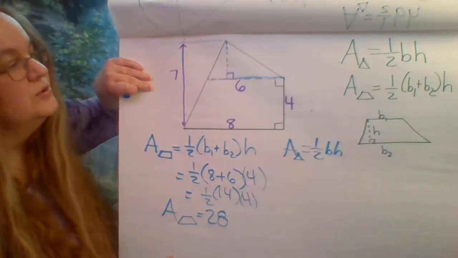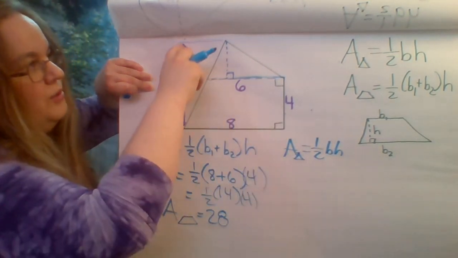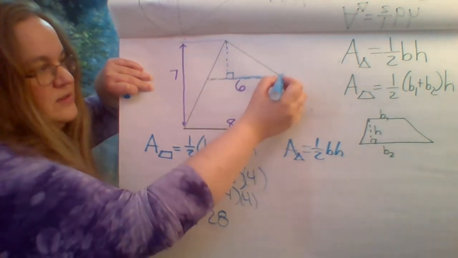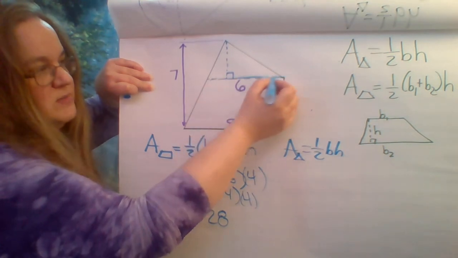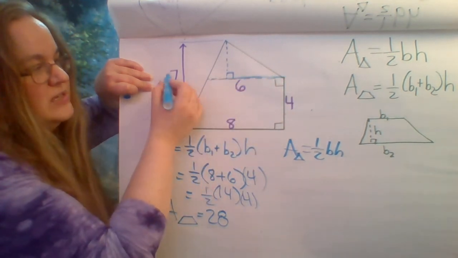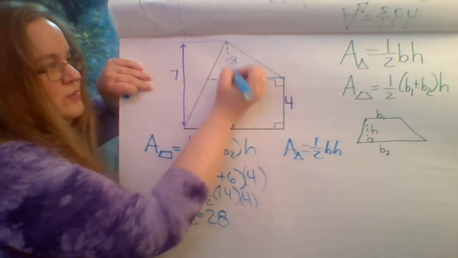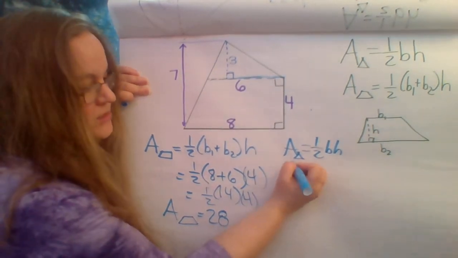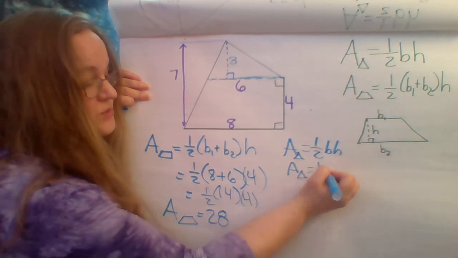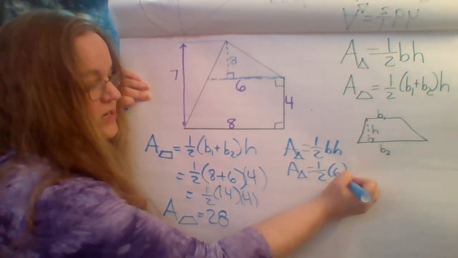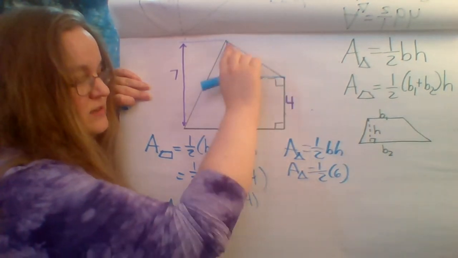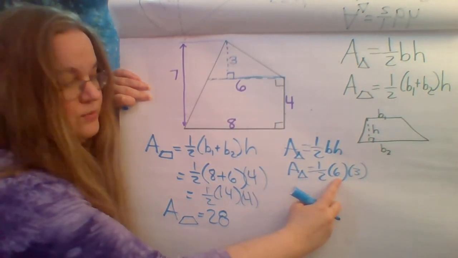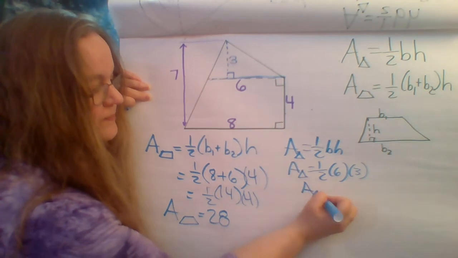Okay, so when I look at this, the whole thing from the very top to the very bottom is 7, and to this line that I'm using as my base is 4. So 7 minus 4 is 3, so I know the height of my triangle is 3. Okay, so the area of my triangle is 1/2 times base, so it's 6 and 3 is the height. Half of 6 is going to be 3 times 3 is 9.